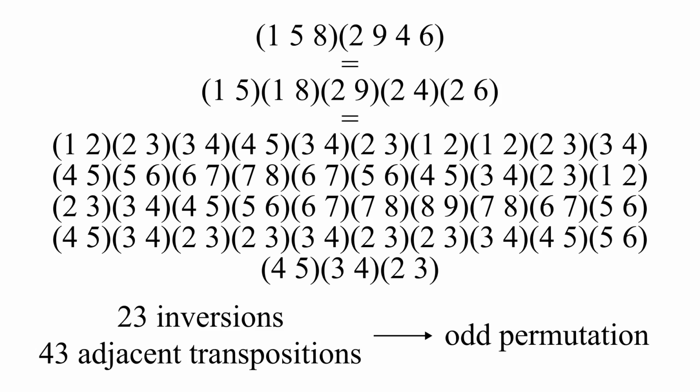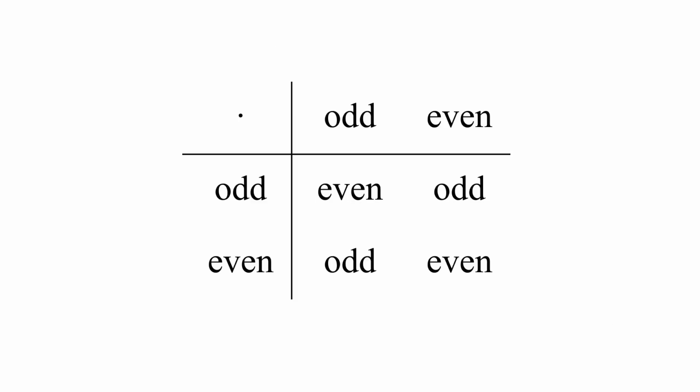This also implies that you can only ever decompose an even permutation into an even number of adjacent transpositions, and an odd permutation into an odd number of adjacent transpositions. To compose two permutations, we can always decompose both into adjacent transpositions first.